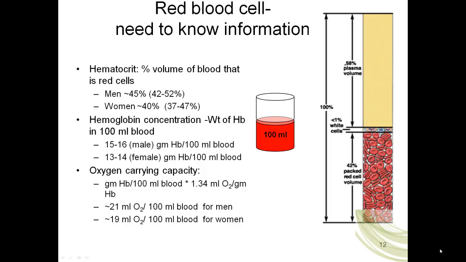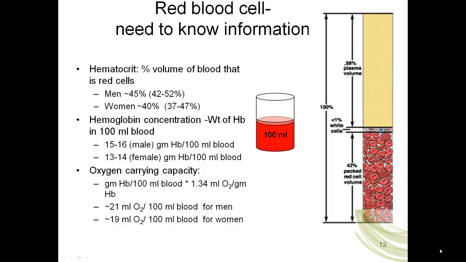For example, let's say the whole column of blood here measures 100 millimeters, and the packed red cell volume measures 42 millimeters. We would then divide 42 by 100 to get a ratio or a percentage. In this case, because of the numbers I picked, it would be 42%.